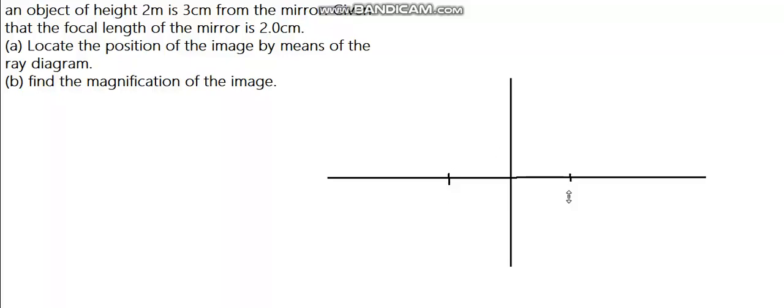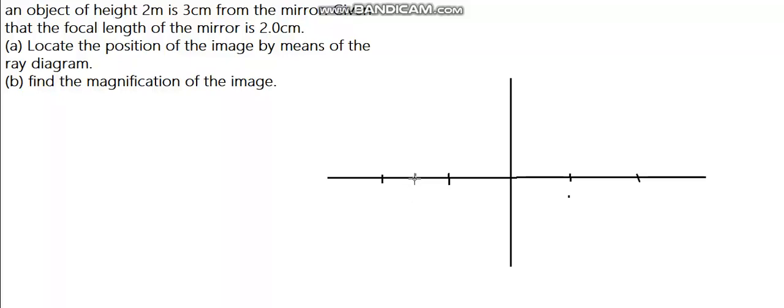It must be the same. Then the next thing is the position of the object. They are saying it is 3 centimeters. So if this is 2 centimeters, and here is 4, even this side 4, then 3 centimeters must be halfway here. This is where the object is.